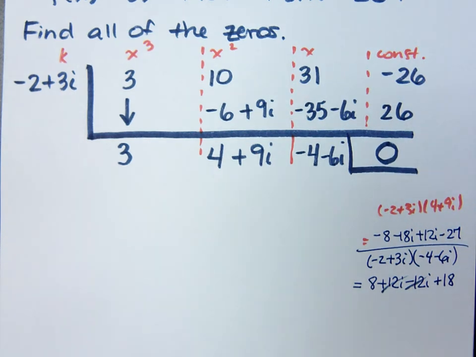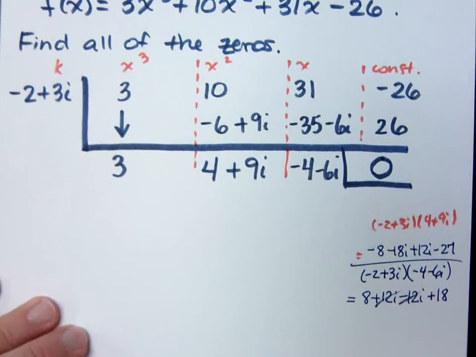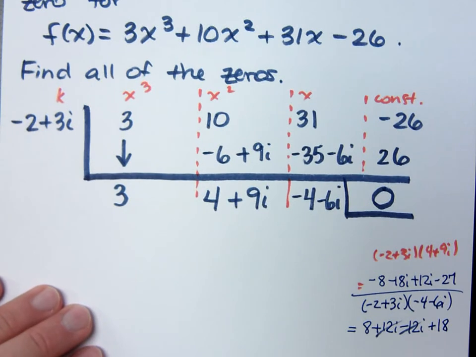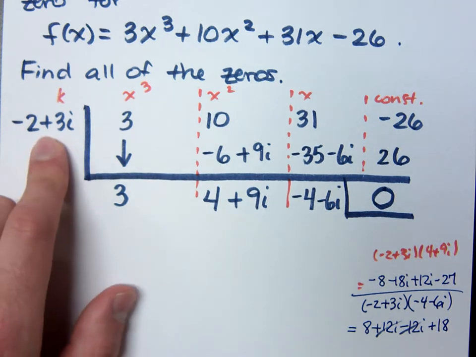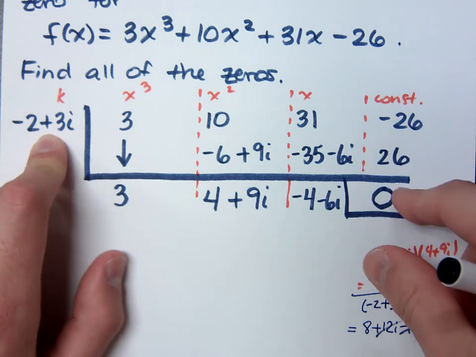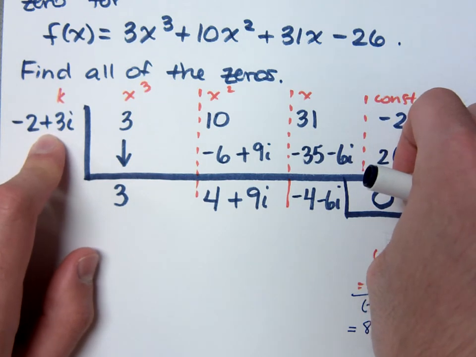Not today. Now I asked you to find all of the zeros, right? How many am I missing? I am missing 2. But here's something I want you guys to know about complex zeros. Notice how this guy is a complex number, and he gives me a 0. Complex zeros occur in conjugate pairs.